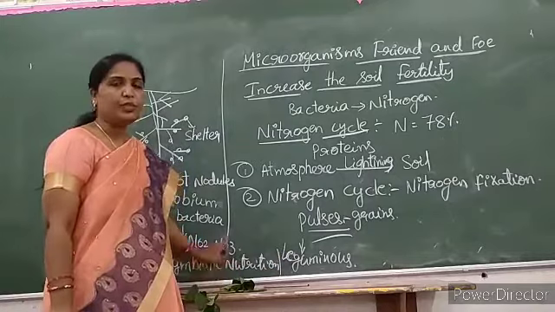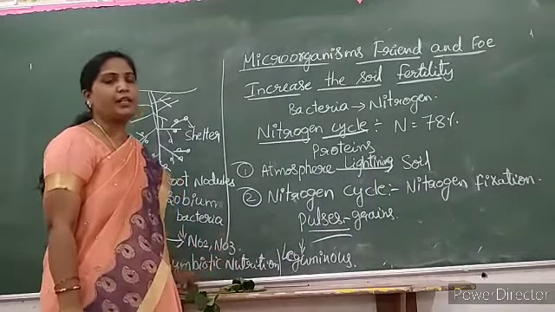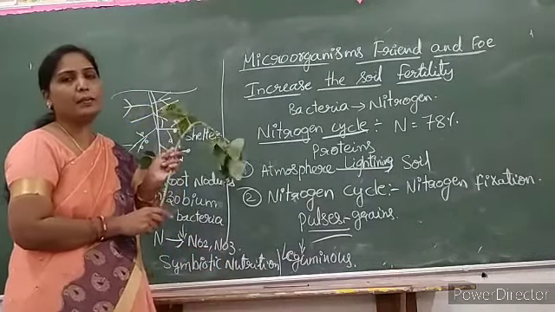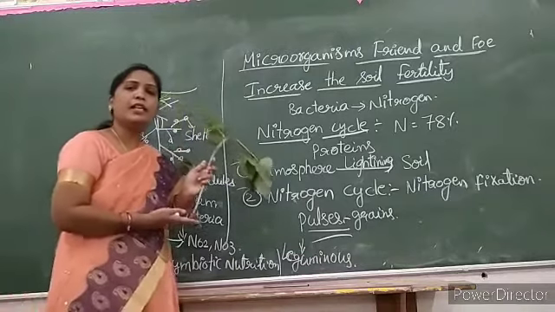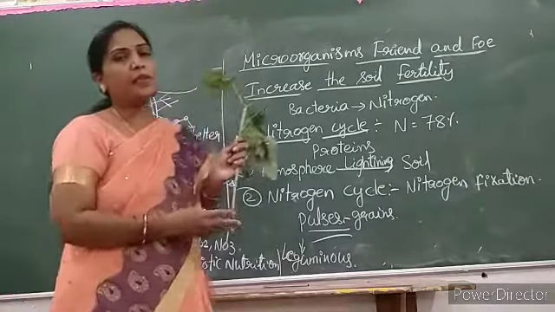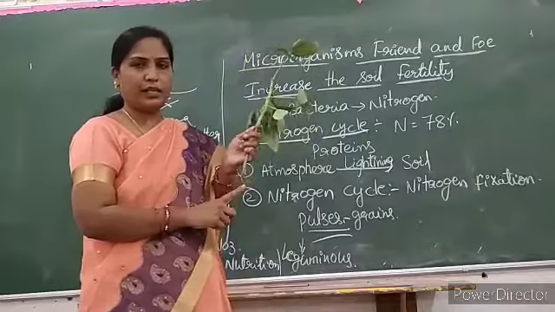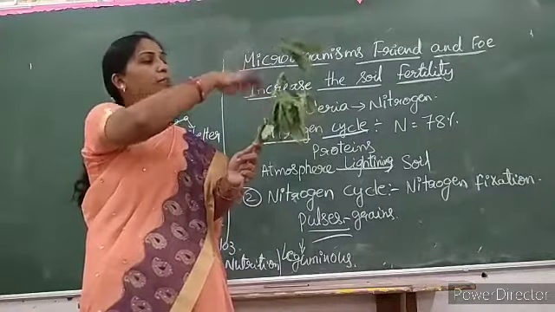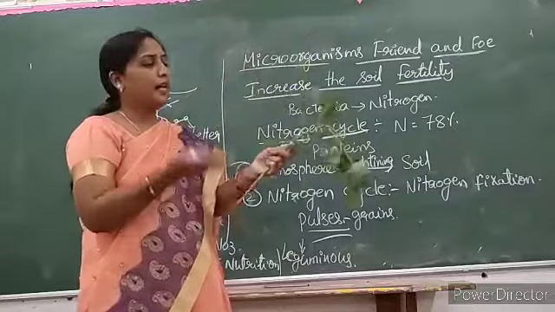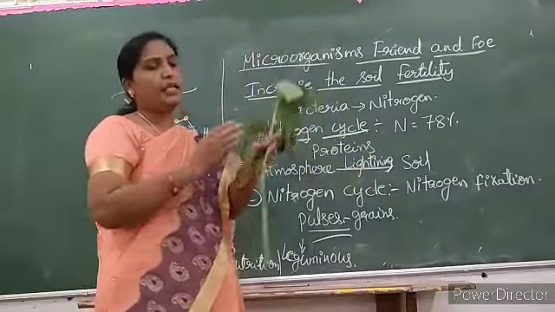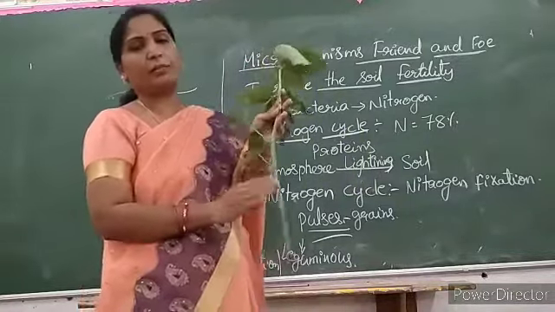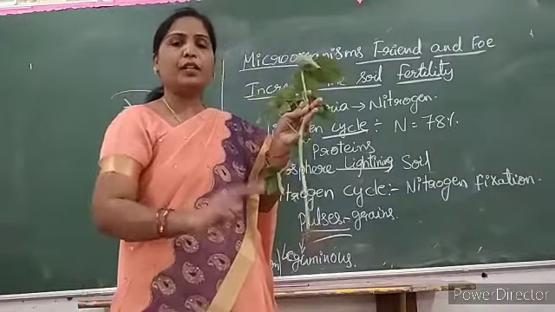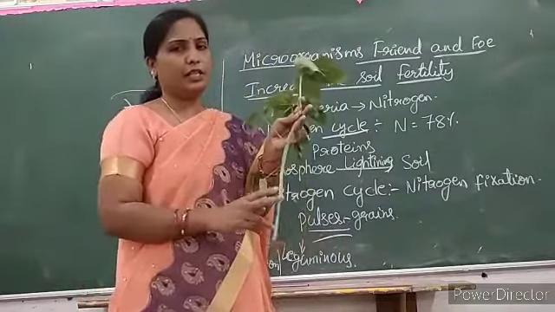Leguminous plants. Which bacteria is helping? Rhizobium bacteria is helping. In what way is it helping? Converting atmospheric nitrogen into nitrite and nitrate, so that it helps by giving it to this plant. And by the way, it is getting the shelter from the legume plant. In both ways, they are helping each other.